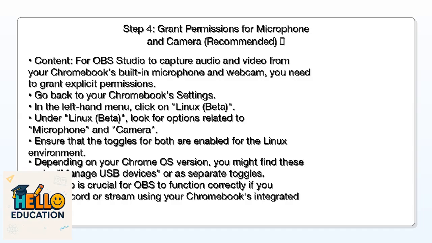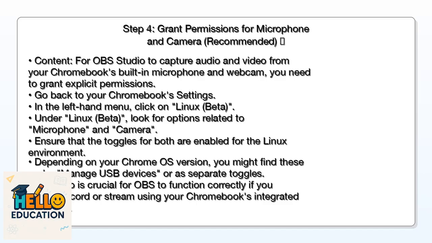Step 4: Grant permissions for microphone and camera. For OBS Studio to capture audio and video from your Chromebook's built-in microphone and webcam, you need to grant explicit permissions. Go back to your Chromebook settings in the left-hand menu. Click on Linux Beta. Under Linux Beta, look for options related to microphone and camera.